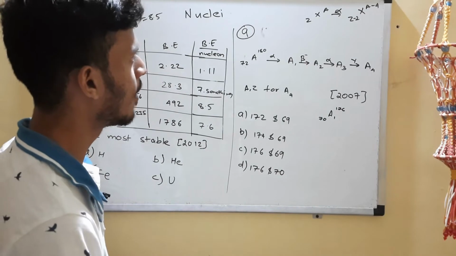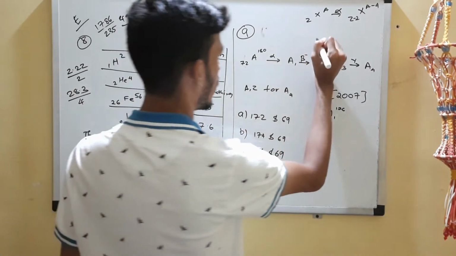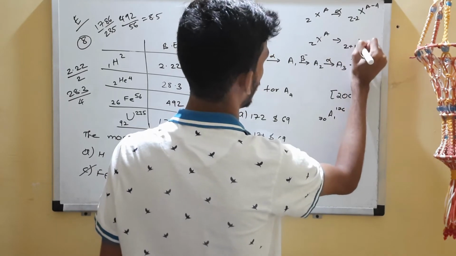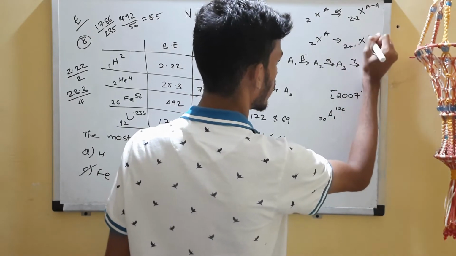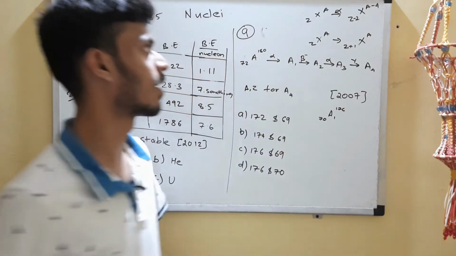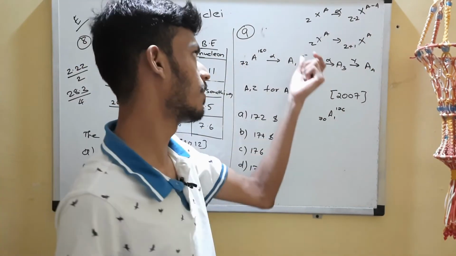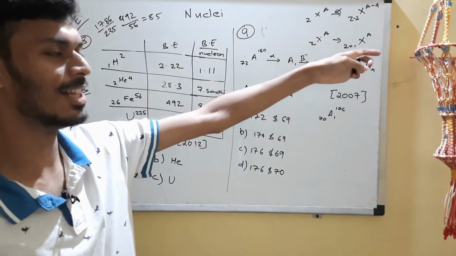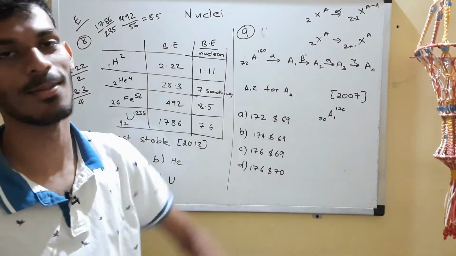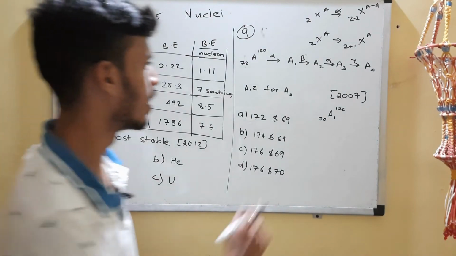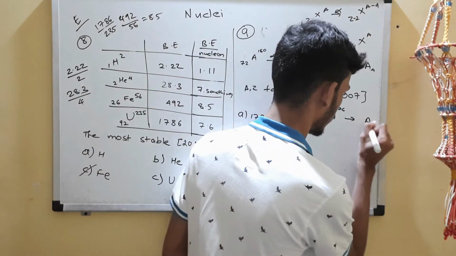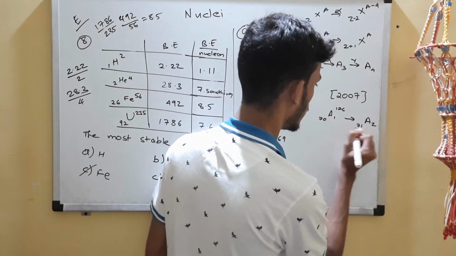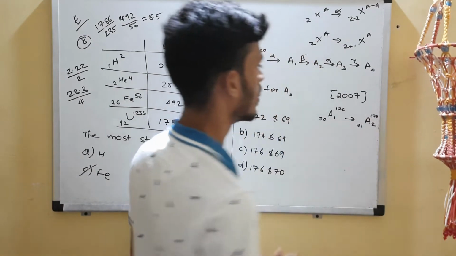In beta minus, it's opposite: atomic number will increase by 1, and atomic mass number will remain the same. So here A2 will become Z plus 1, so 70 plus 1, 71. Mass number remains the same.